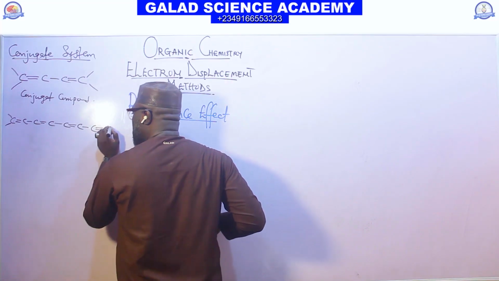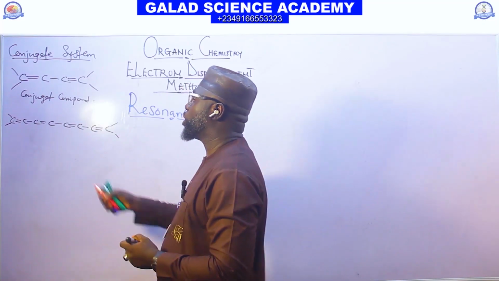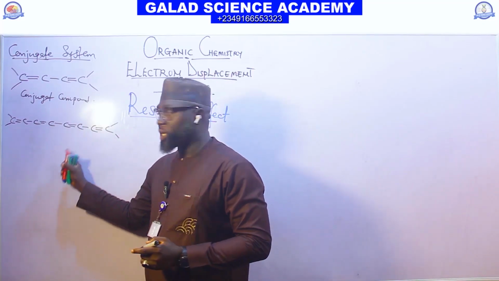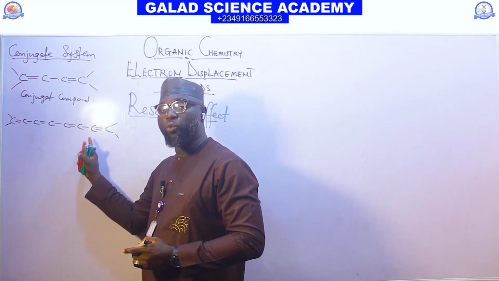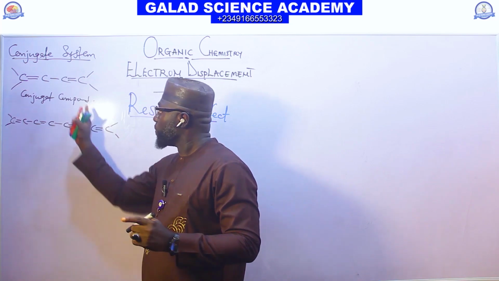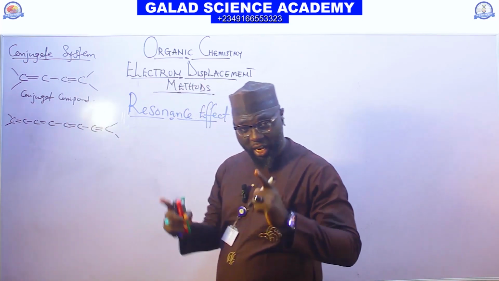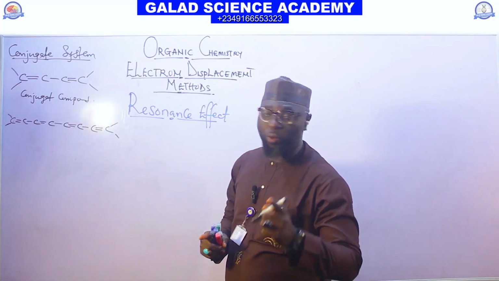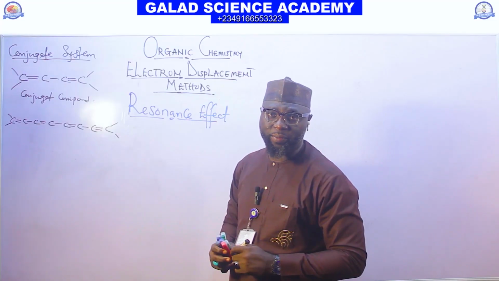This kind of compound is also a conjugate compound, because the double bond and the single bond alternate with each other. So any compound that has this kind of alternation between double bond and single bond is called a conjugate system compound.